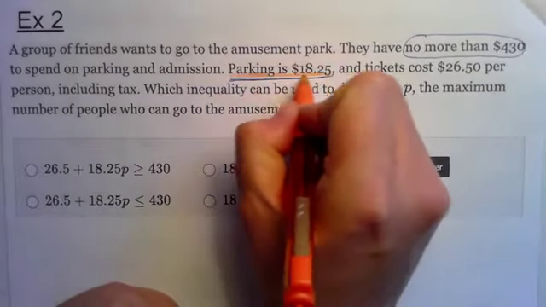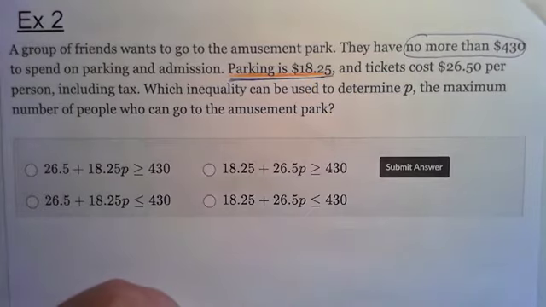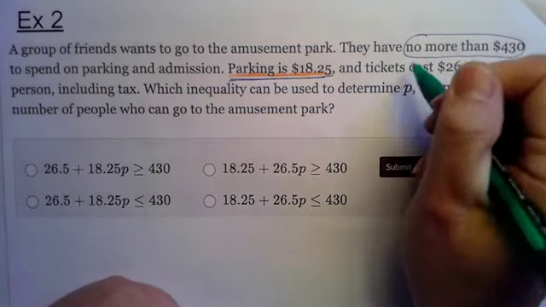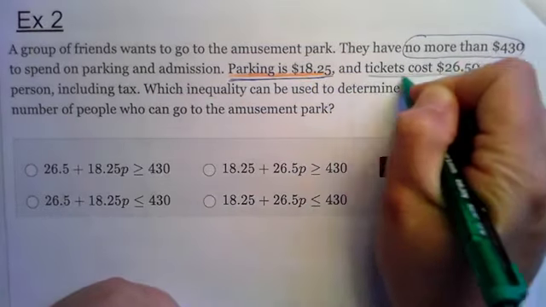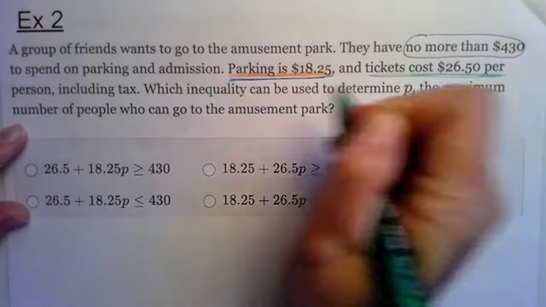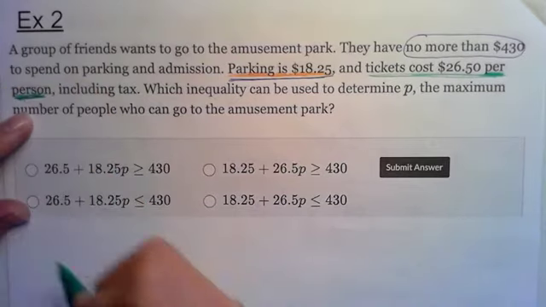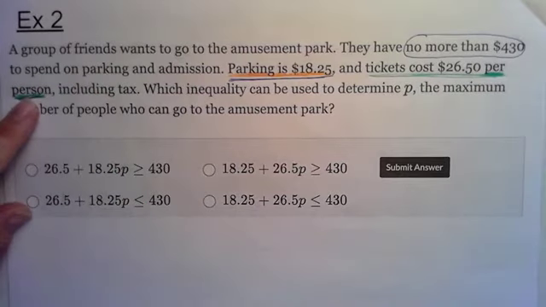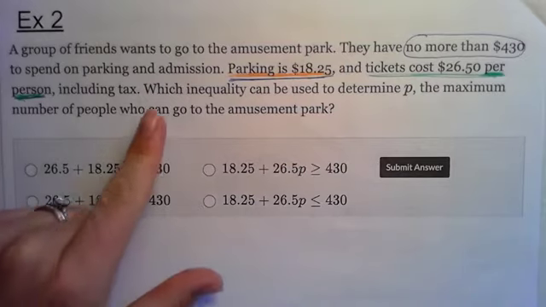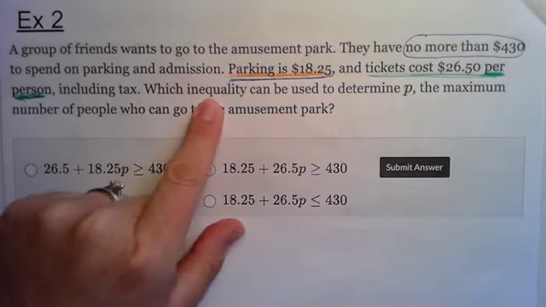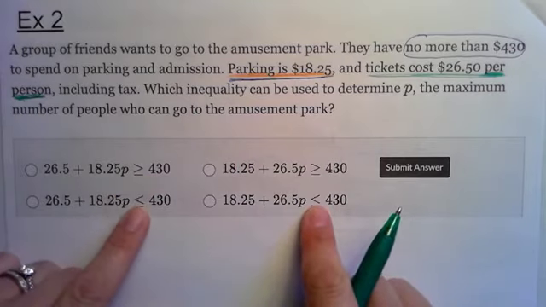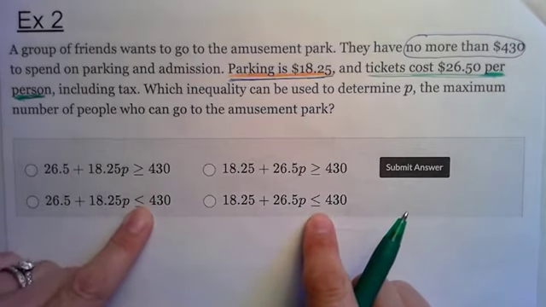Okay, parking is $18.25. Okay. And tickets cost $26.50 per person. And that per person is super important. These are absolutely things you want to write down, including tax. So we don't have to think about tax. It's already in there.